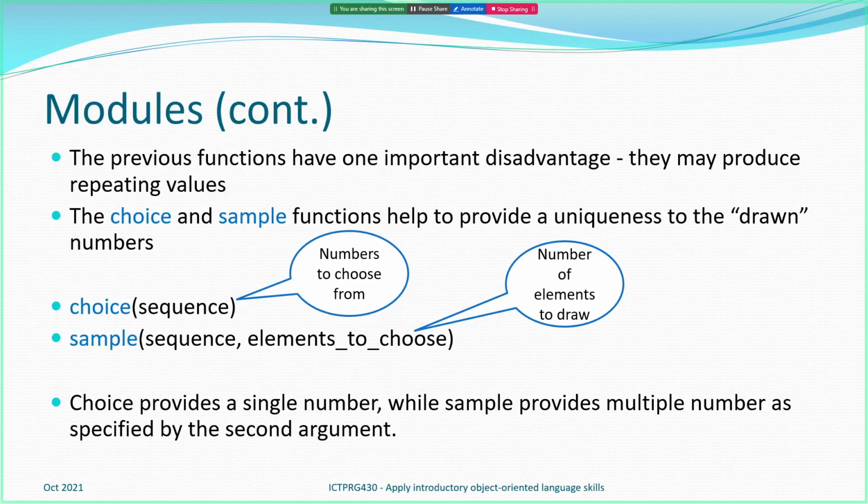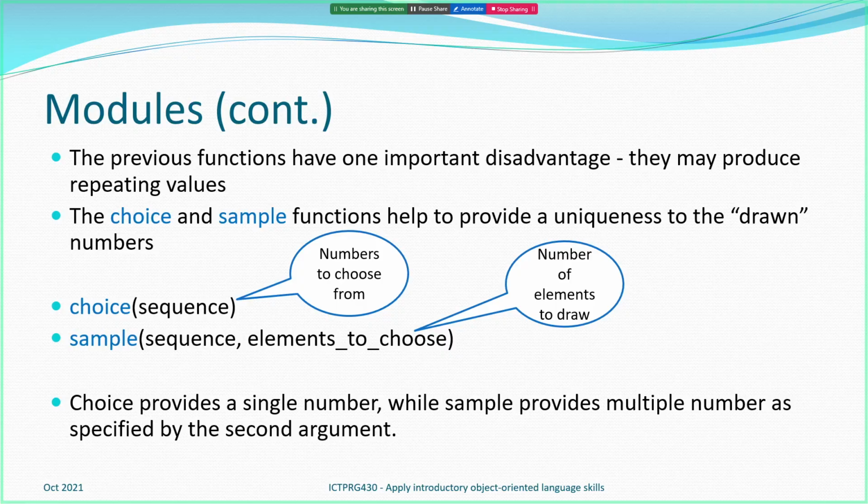As we said, there are problems with this pseudo-random, is that you will get repeating values because there's only a finite number of combinations that it can generate. So choice and sample functions help reduce the repetitiveness.